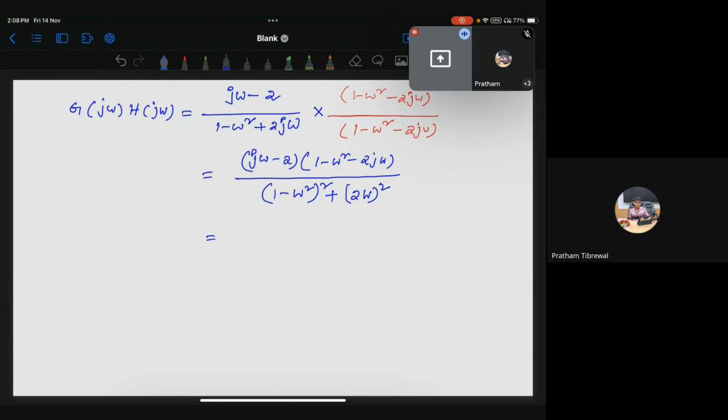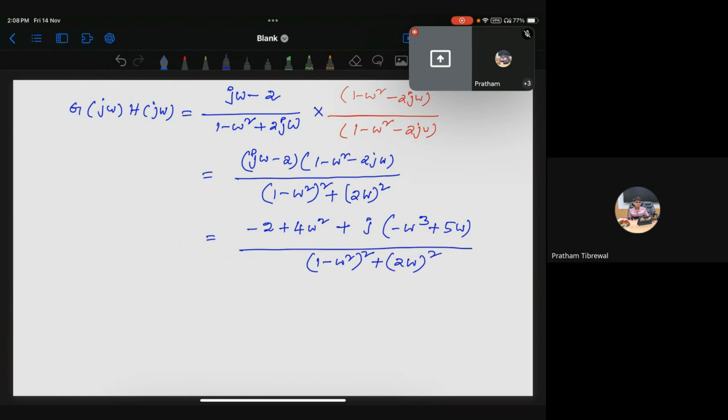From this, after multiplication, we can write: −2 + 4ω², we are multiplying each other, plus the j terms are −ω³ + 5ω, divided by (1 − ω²)² + (2ω)². So it means that we have both real and imaginary parts.